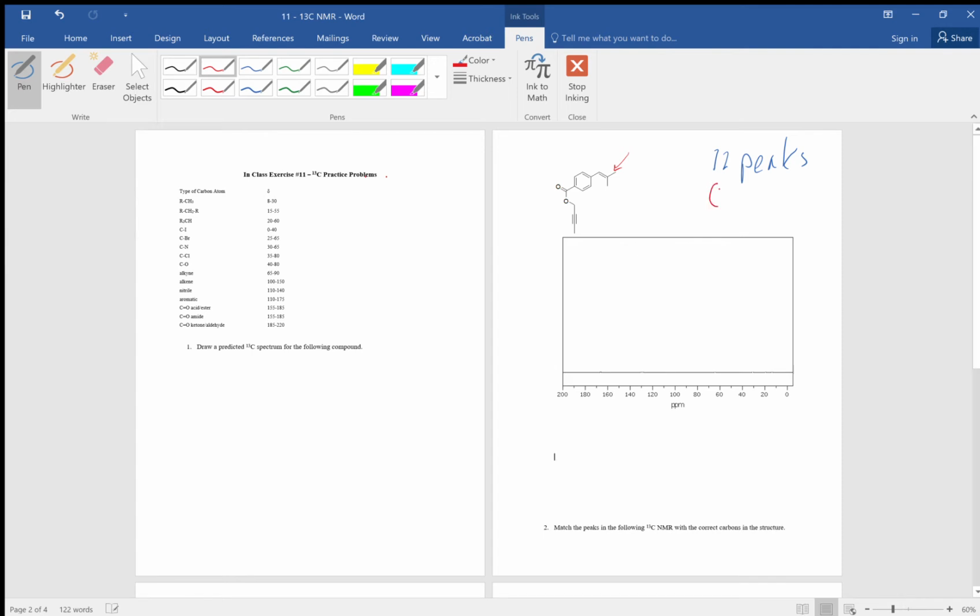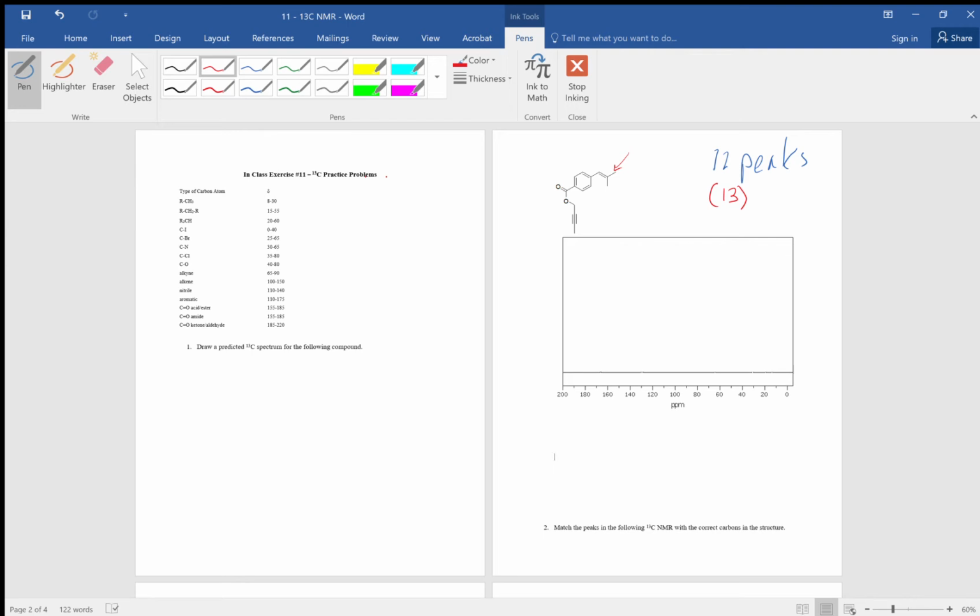And so in reality, this compound will have 13 peaks. But for our purposes today, we're going to stick with 12. The two methyl groups are not equivalent because of that alkene. Again, that's something that we'll get to in more depth in Chapter 10.